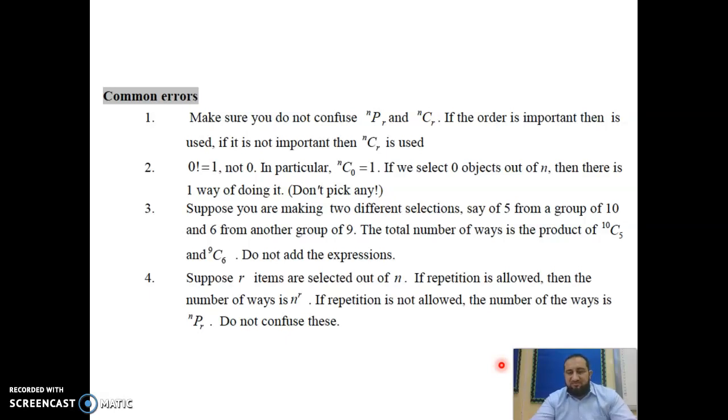The total number of ways is the product 10C5 times 9C6, and do not add the expressions. Then suppose r items are selected out of n. If repetition is allowed, the number of ways is n to the power of r. If repetition is not allowed, the number of ways is nPr, and you should not be confused with this.